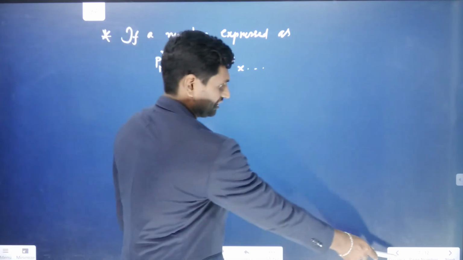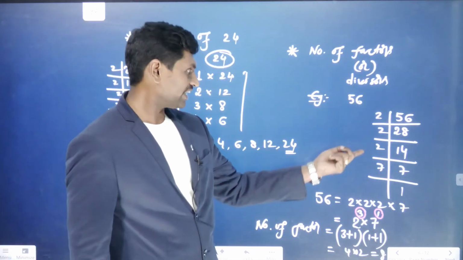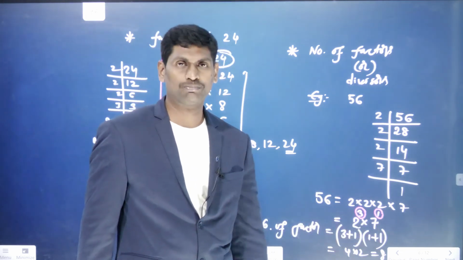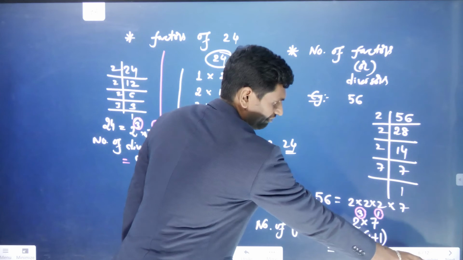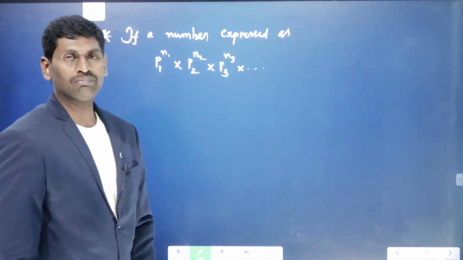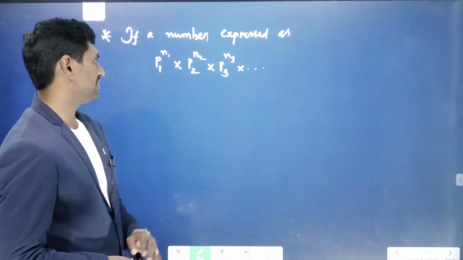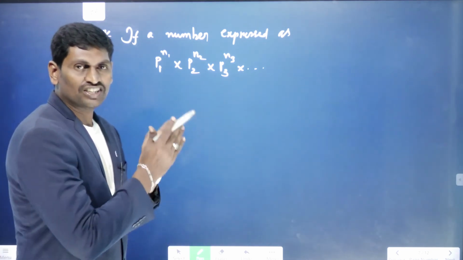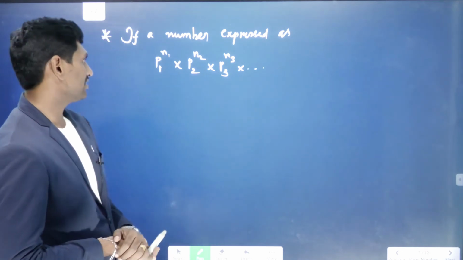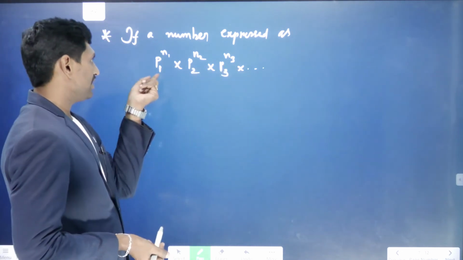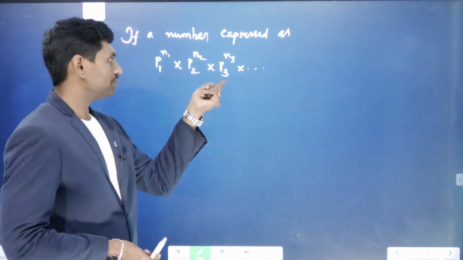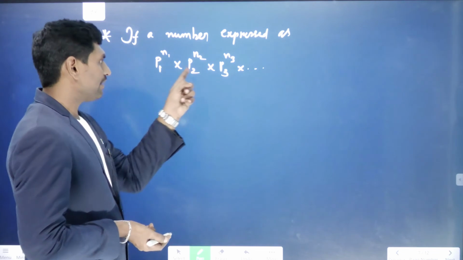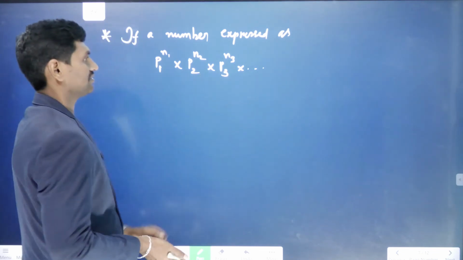Like previously for 56, we took 2 into 2 into 2, so 2 cube and 7. Here 2 and 7 both are prime numbers. The prime factorization of every number is unique, so it does not change. Every number has its unique prime factorization.